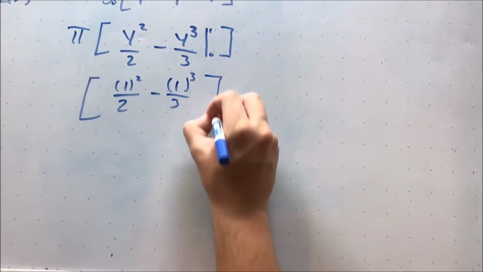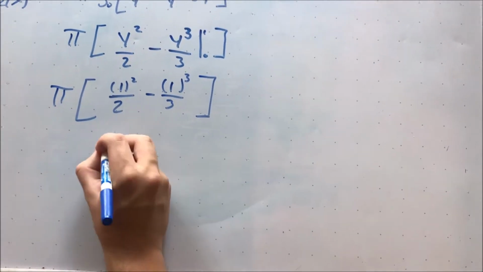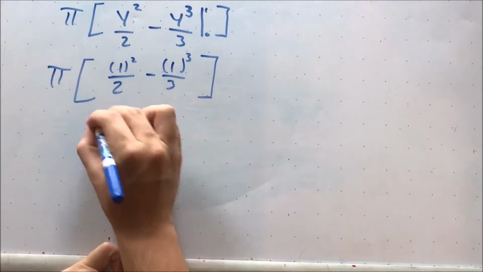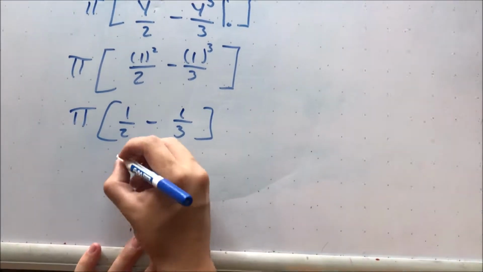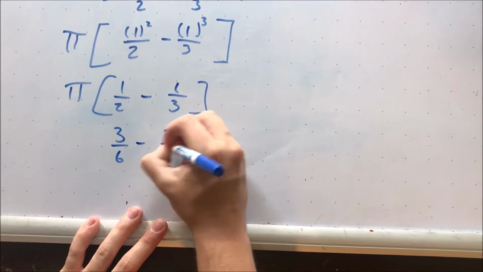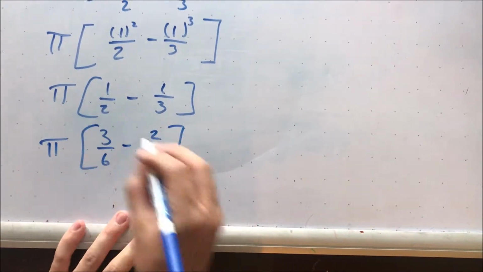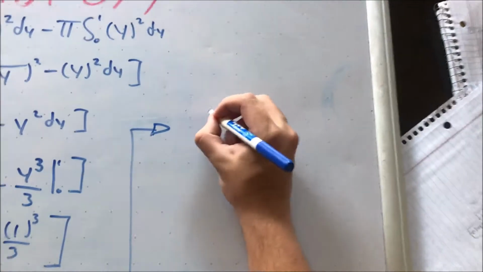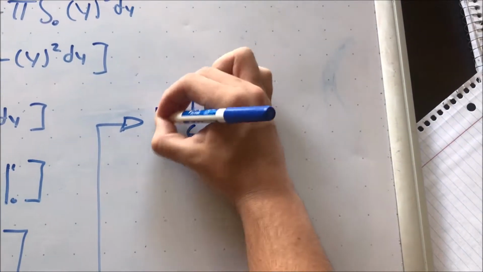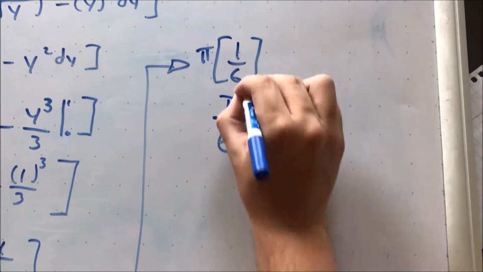We're going to plug the 1 into the equation, giving us 1/2 minus 1/3, again skipping the 0 because 0 over 2 and 0 over 3 are both 0, so they don't matter to the equation. We're going to find the common denominator and simplify all the way, giving us our answer, pi over 6.